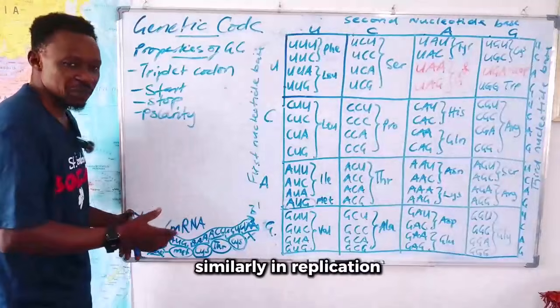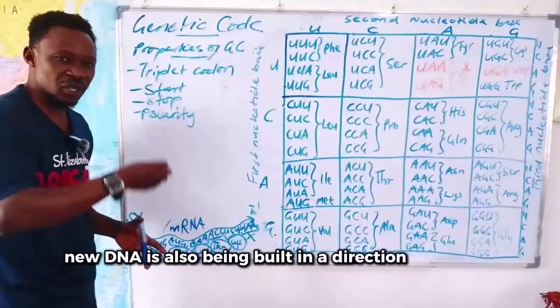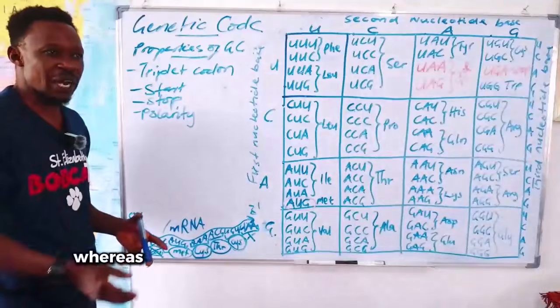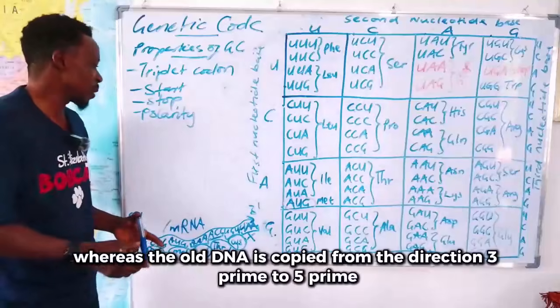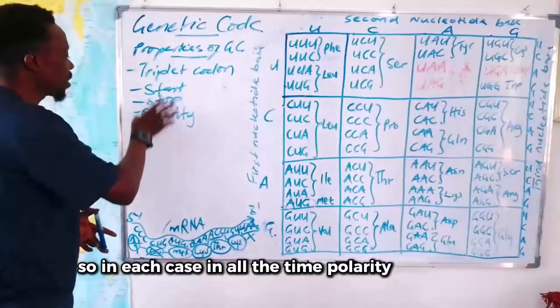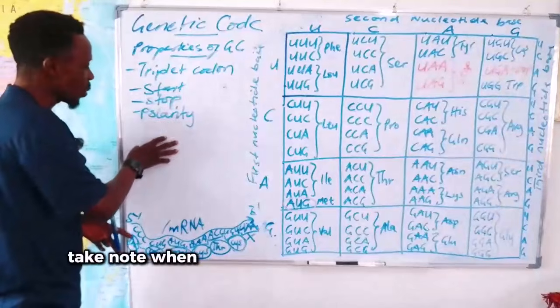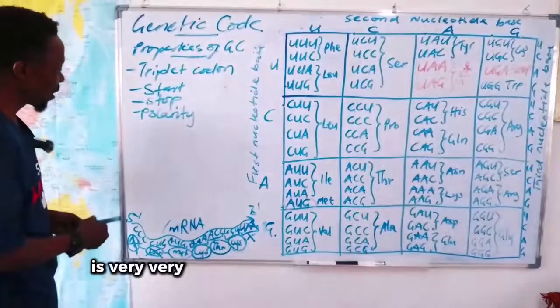Similarly, in replication, new DNA is also built in the direction 5' to 3', whereas the old DNA is copied from the direction 3' to 5'. So in each case, polarity is important. Take note when you are dealing with substances like this. Polarity is very, very important.